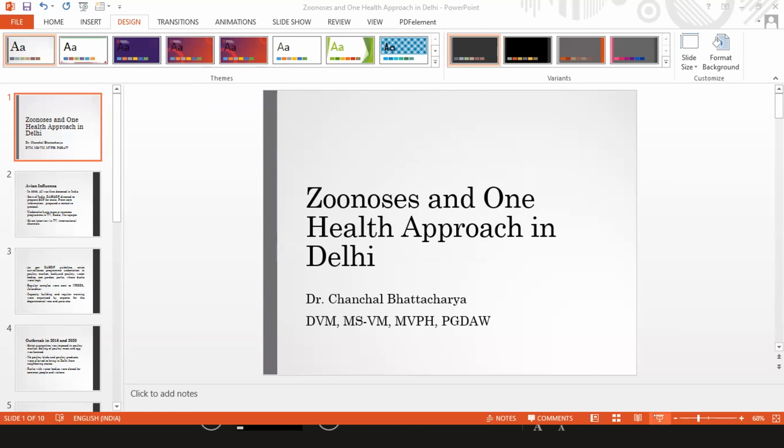All the stakeholders came under one umbrella and started collaborating with each other. At that time, the concept of One Health was developed in Delhi, because everybody understood that a single department is not able to do all this hard work. So when the collaboration started, gradually the situation improved in Delhi.